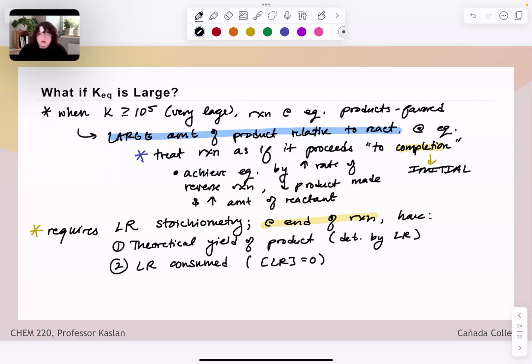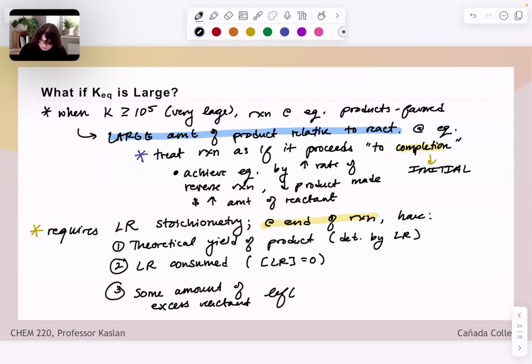That's how we define the limiting reactant in Chem 210. We said it was completely consumed and stopped the reaction upon its consumption, which means that also at the end of the reaction, we have some amount of our non-limiting or excess reactant left over. So all of these things are things that we need to calculate and then put into the I column in our ICE tables.